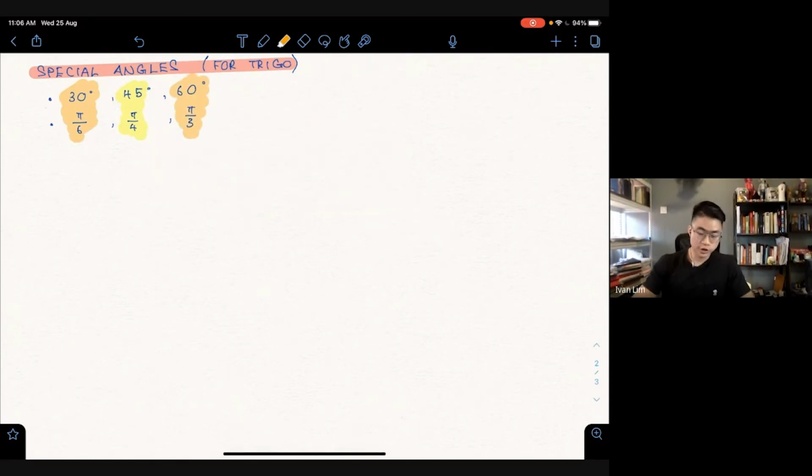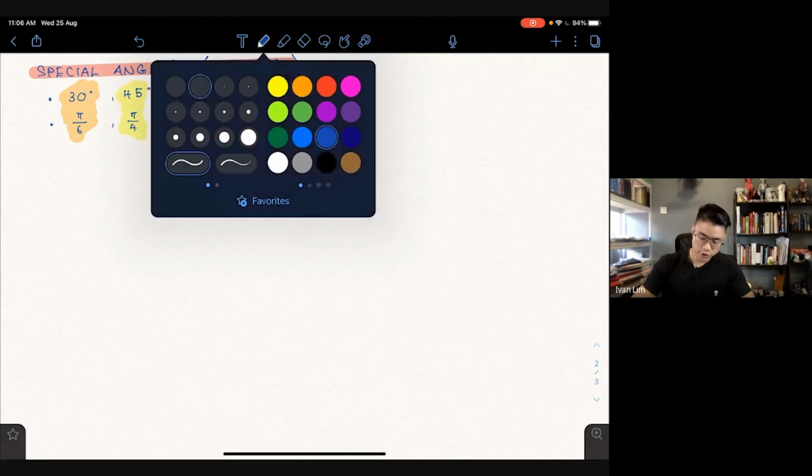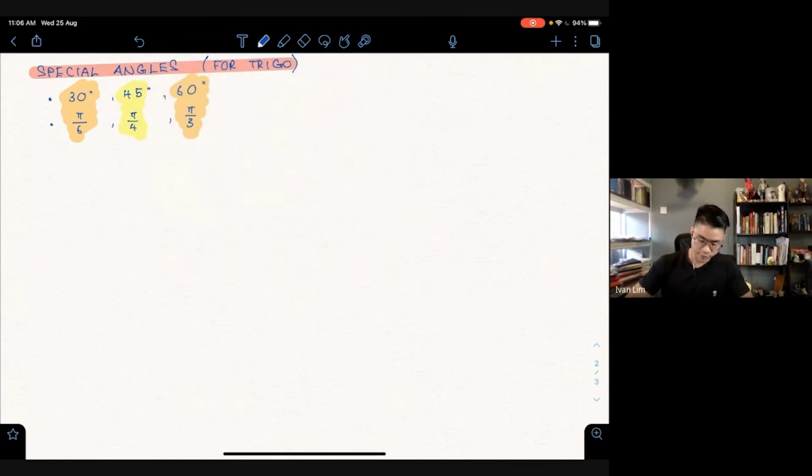Let's draw the 45 degrees one first. To draw your 45 degrees triangle, you've got to memorize this triangle. This is the easiest way to get it. Your two sides, the opposite and adjacent sides, will have length 1 and 1. You actually can put other values, but we want the most simplified form because it's easier for calculation.